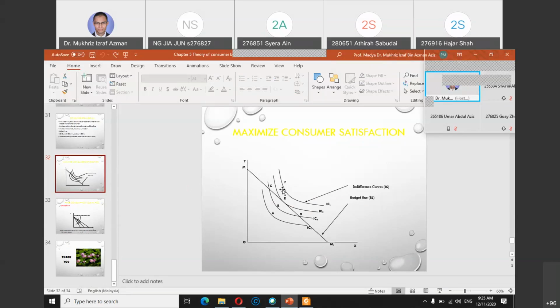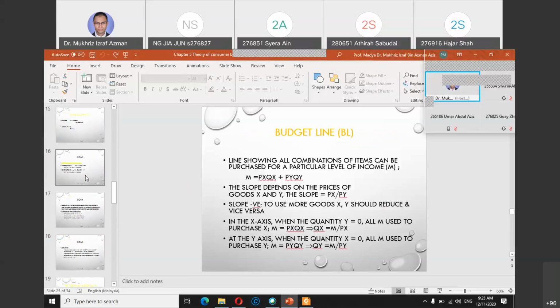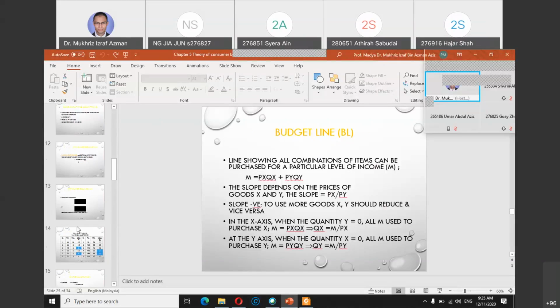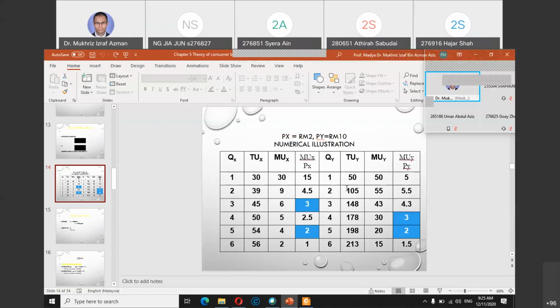So when you combine what you learned from the indifference curve plus the concept of budget line, and if you recall what we mentioned in last Monday's lecture, when you look at this table, what it suggests is that the consumer achieves equilibrium at two combinations, when the ratio equals 3 and when the ratio equals 2.